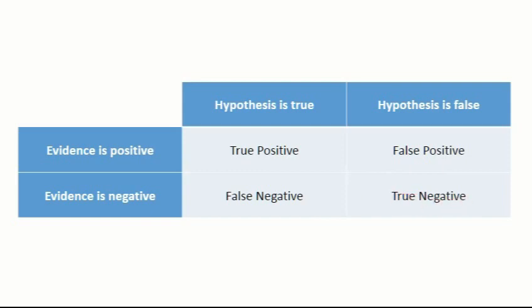And there is no smoke but there is fire, a false negative. So the evidence of smoke can give 2 right responses, true positives and true negatives on the first diagonal, and 2 wrong responses, false positives and false negatives on the second diagonal.